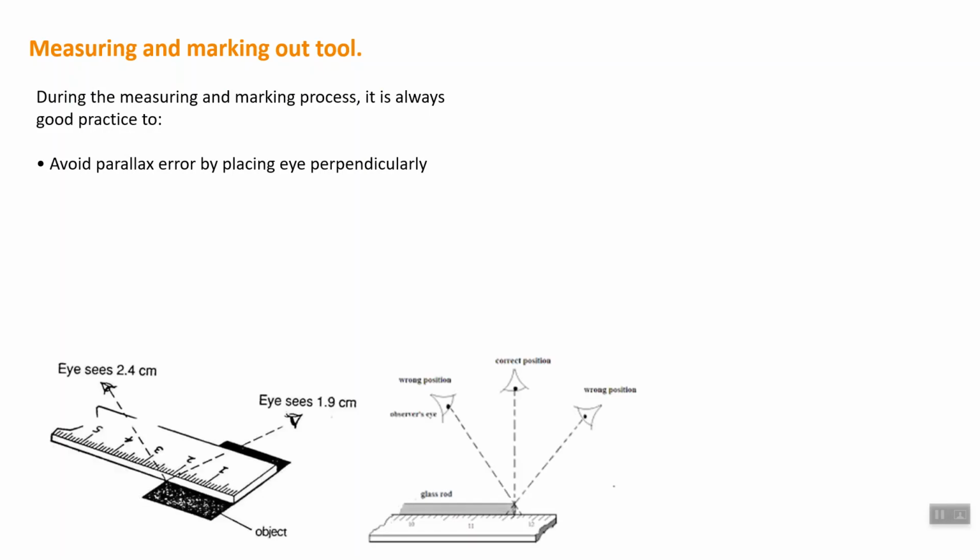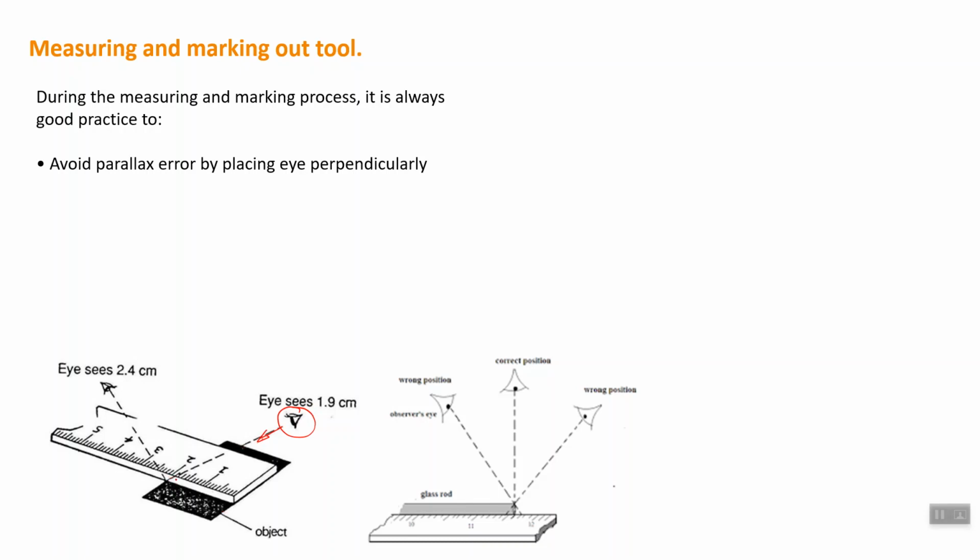So what is a parallax error? When we measure, for example, we have one example of measurement with a ruler. If we place our eye in a certain direction, we can have a wrong reading. For example, when looking from this direction here, okay, the reading here is 2 centimeters.